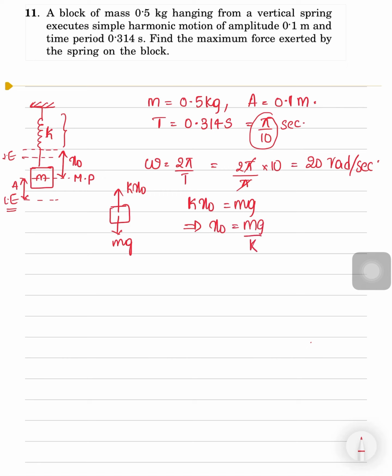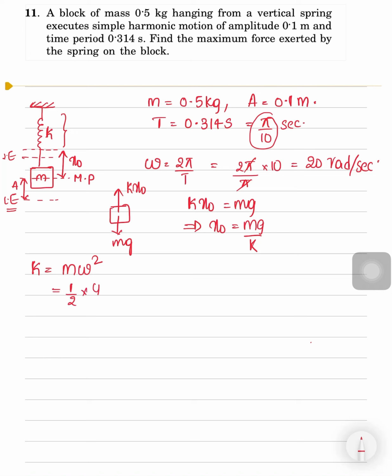We know the values of m and g, and let us calculate the k value before substituting here. The force constant or spring constant in a spring block system can be written as m omega square, as we know omega is equal to root k by m for spring block systems. Now mass is 0.5, which is half, into omega square.